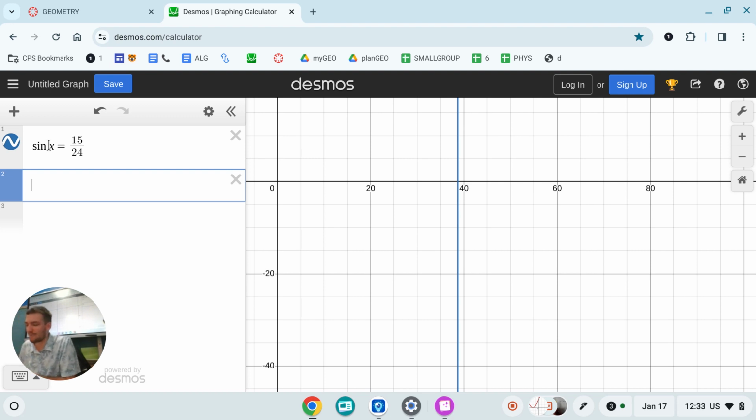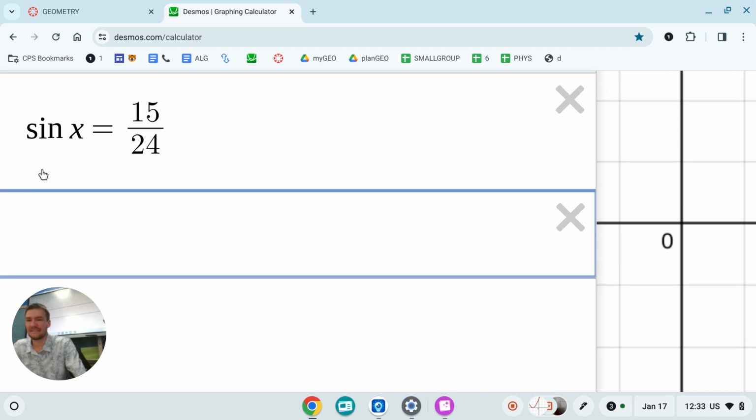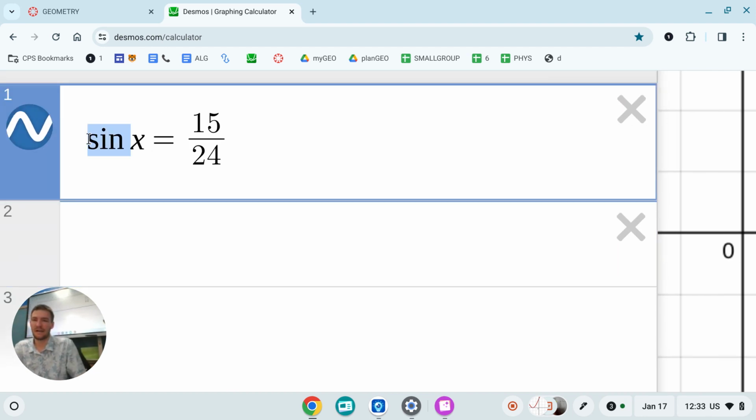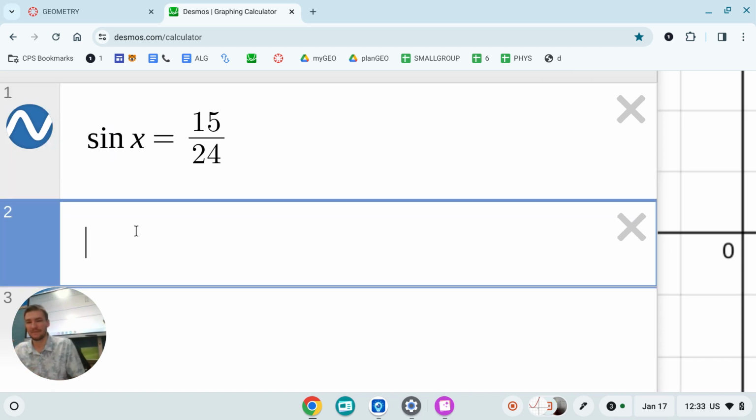And so in math, whenever you learn how to do something, right after that, you learn how to do the opposite, to undo it. And so what we're going to try to do is get this sine away from the x, right? How do we move this piece to the other side? You can't divide by sine, right? That doesn't make any sense. You have to basically do the opposite of it.